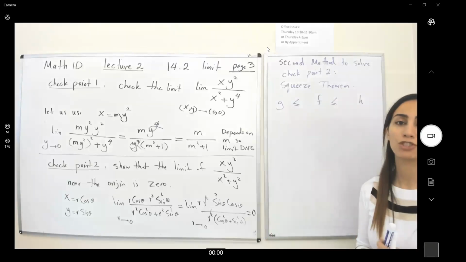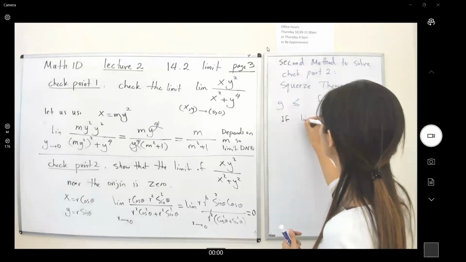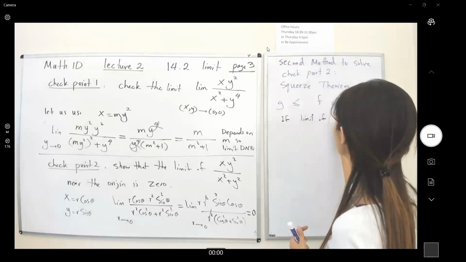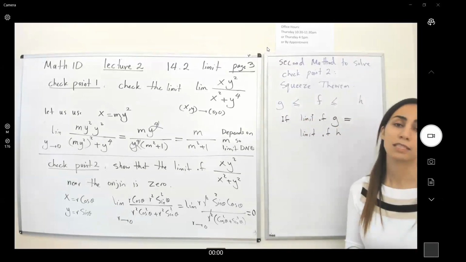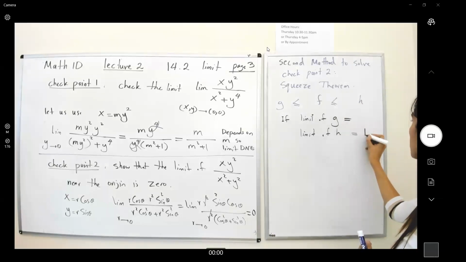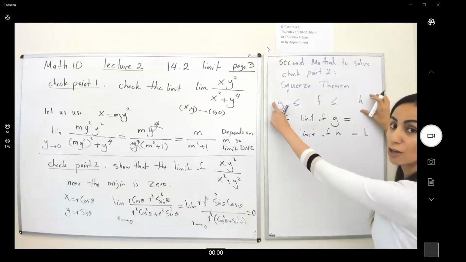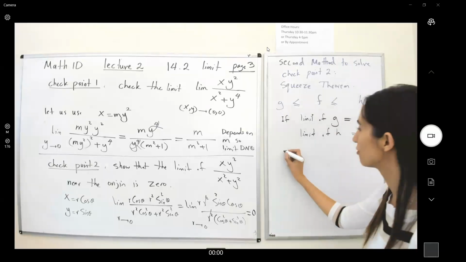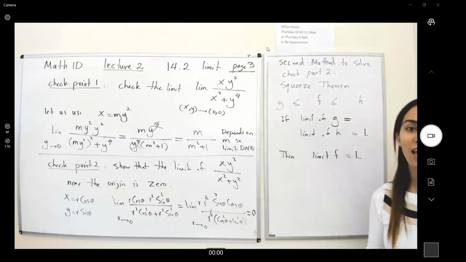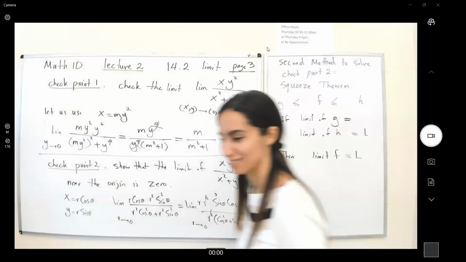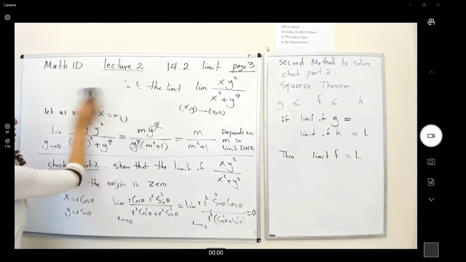If you know the limit of g and the limit of h, and they are equal to each other, so if the limit of g is equal to the limit of h at a specified point, equal to, for example, a constant L, then the squeeze theorem says that since the limits of these two functions are equal, the limit of f must be equal to L as well. Very well. So I'm erasing this part.